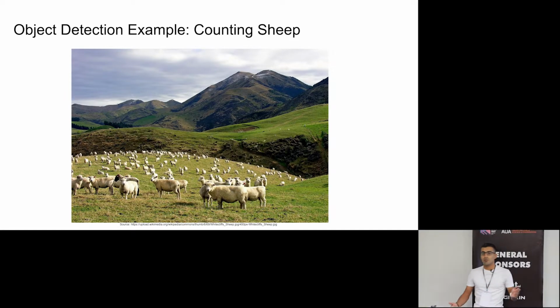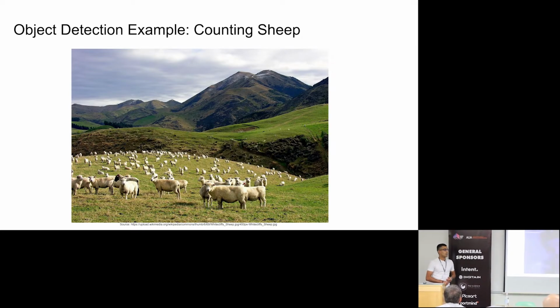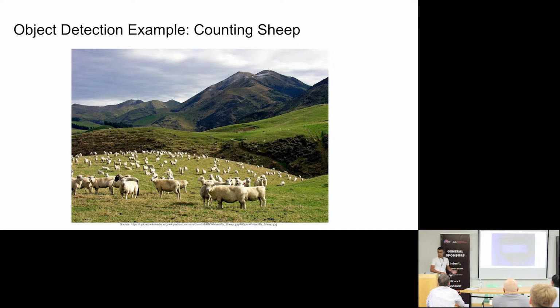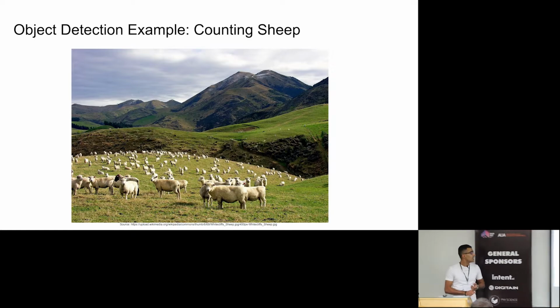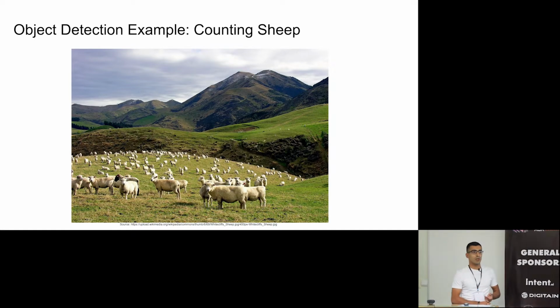So imagine we want to count number of sheep in the image, and this will be the prime example for me to explain how these algorithms work. So we have an image, it contains some sheep. I didn't count number of them, but so this is the problem and we're trying to solve it.